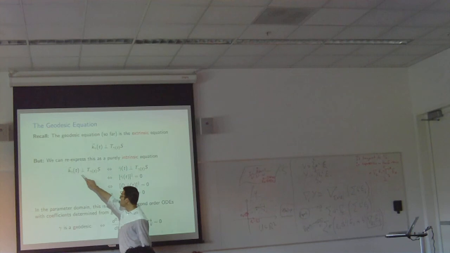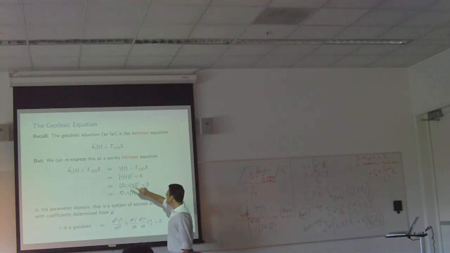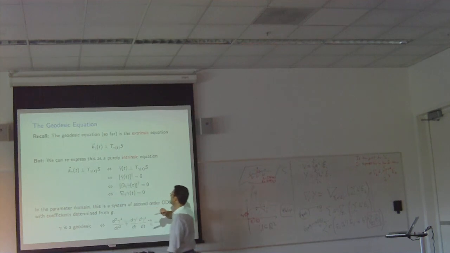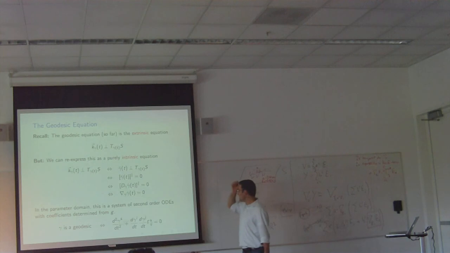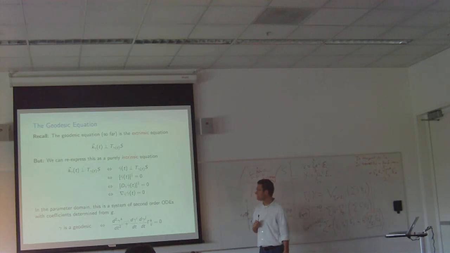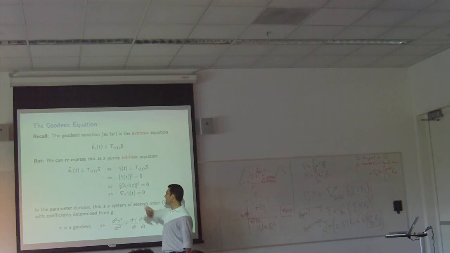Well, first of all, k being perpendicular to the tangent plane means, well, what's k? K in the arc length parameterization is gamma double dot. So gamma double dot is perpendicular to the tangent plane. And that means its parallel part is 0. Okay, we're getting closer. What is gamma double dot?